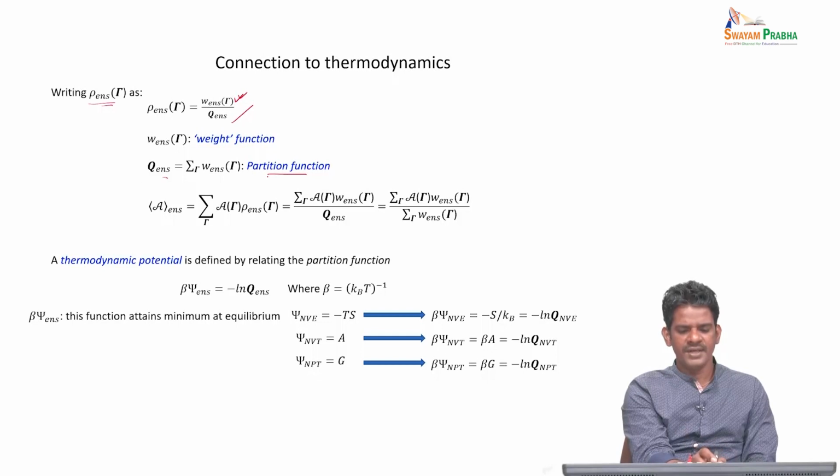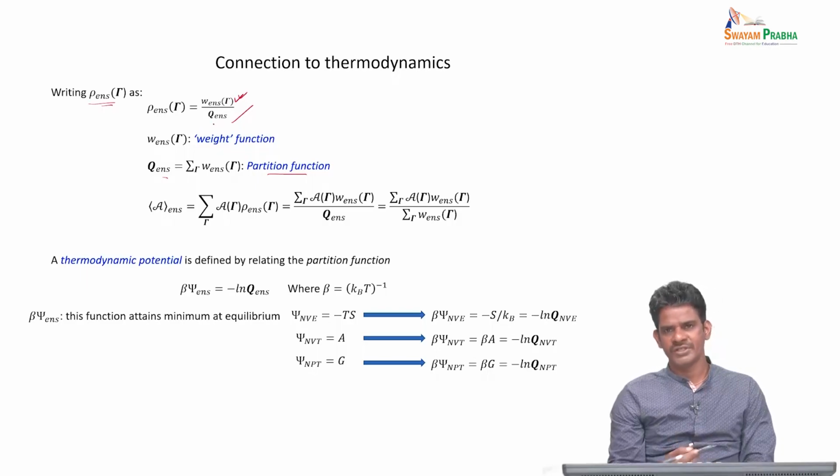And if you look at how the partition function is defined, it is basically the sum over all the microstates of their weighting function. So what this basically means is the weighting function is roughly how many possible states there are for a given microstate, divided by the total number of all possible microstates.